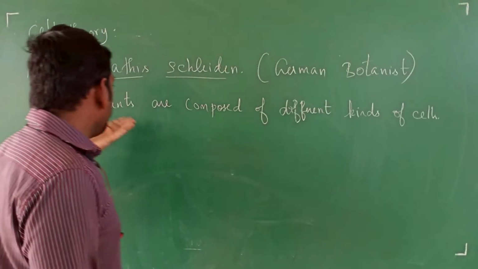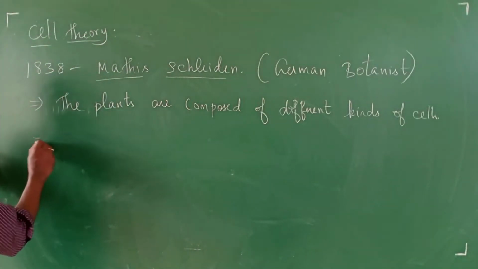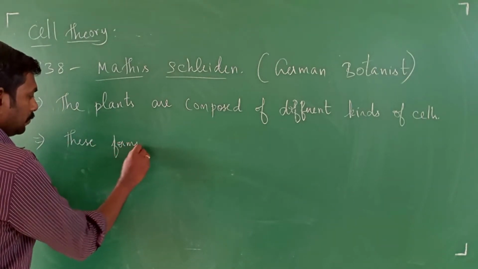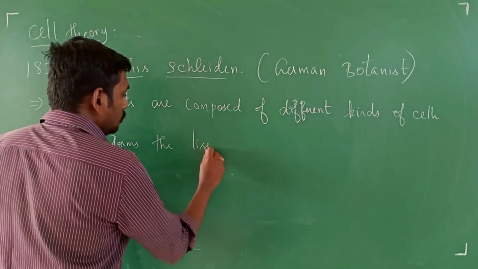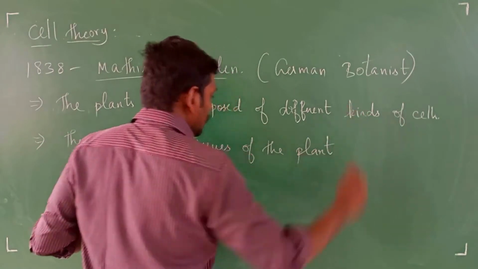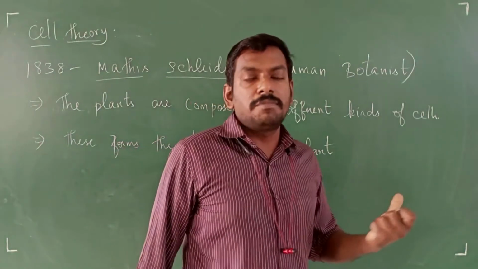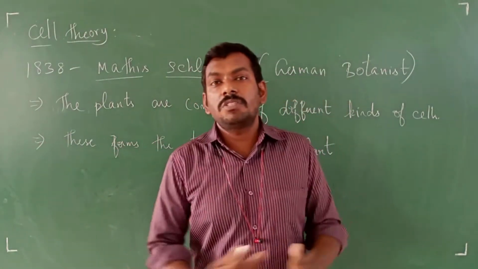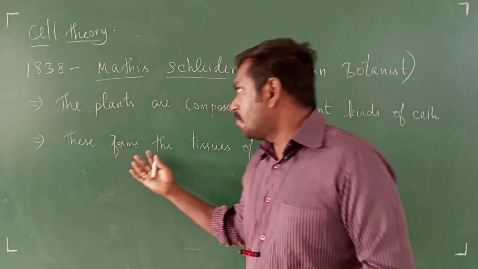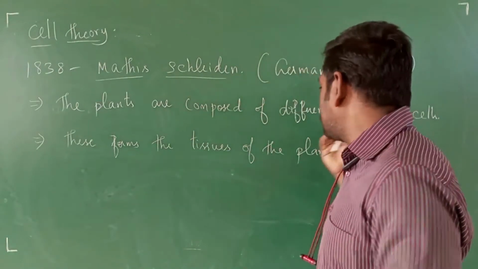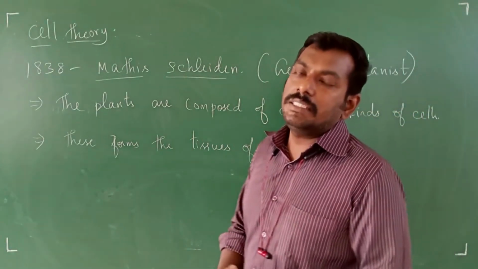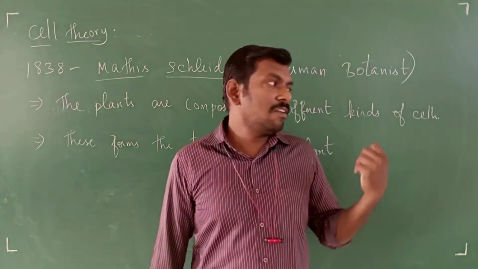You might know that the word tissue comes from the French word meaning woven, a closely compact network. So he found that plants are composed of different kinds of cells, and these form the tissues of the plant and perform all the essential functions needed by the plant.